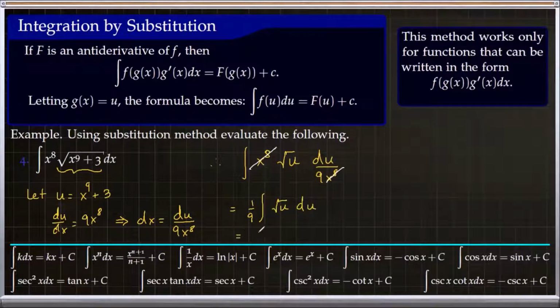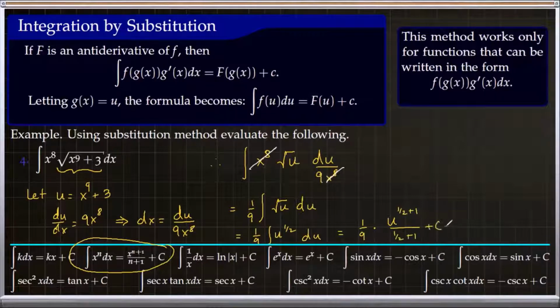And I can write that square root of u as u^(1/2) so that I can apply this rule, the integral of x^n. So this becomes 1/9 times u^(1/2 + 1) over (1/2 + 1) plus constant.